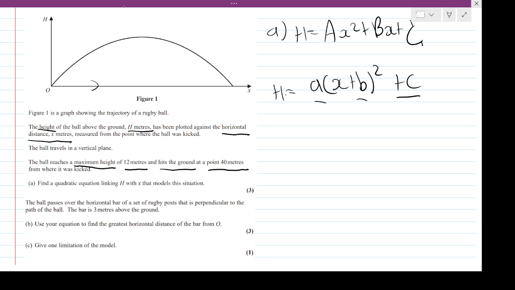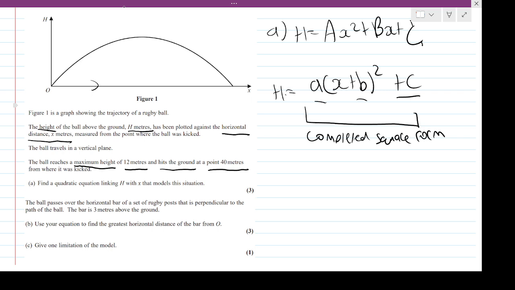And you could complete the square on this, but it's a lot of messy algebra, so it's best to just start here. Anyway, that's enough waffling. We're going to assume it has this completed square form, which is a general completed square form. I'll highlight that here.